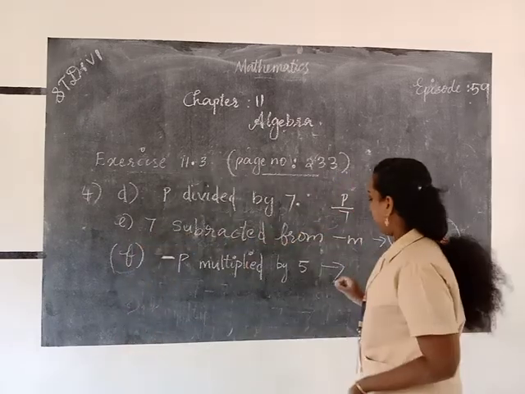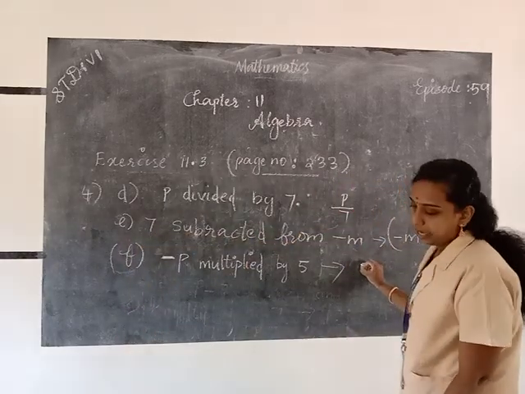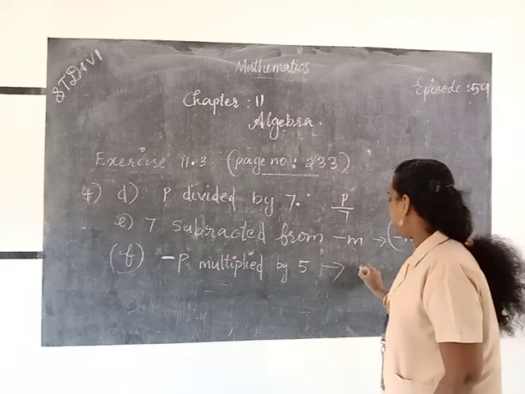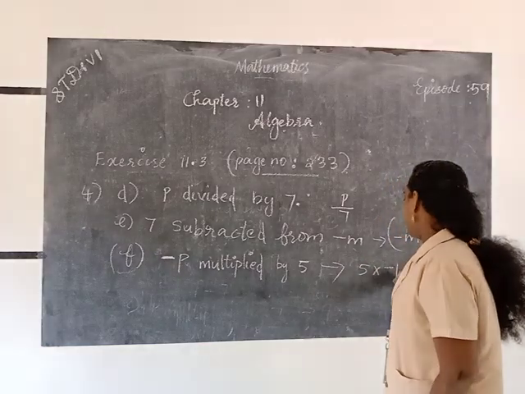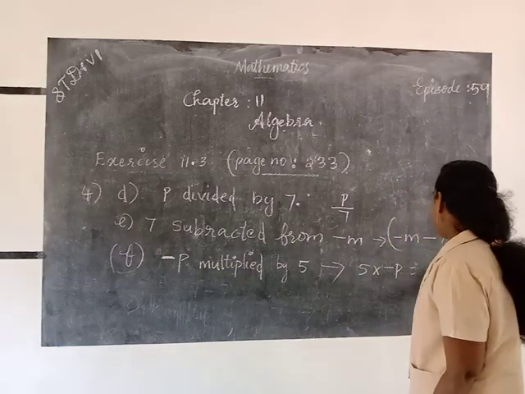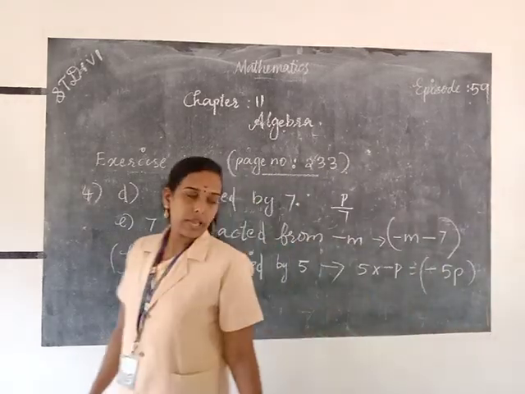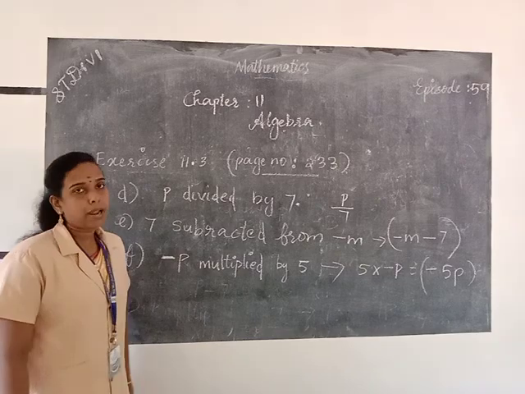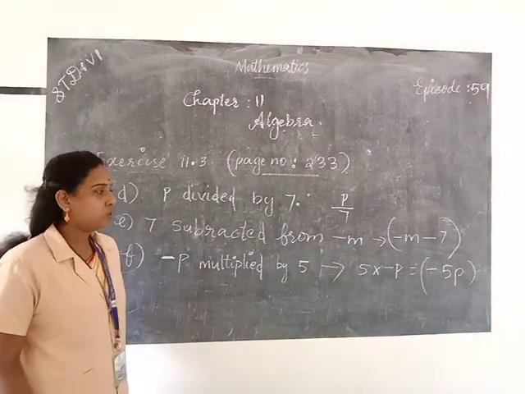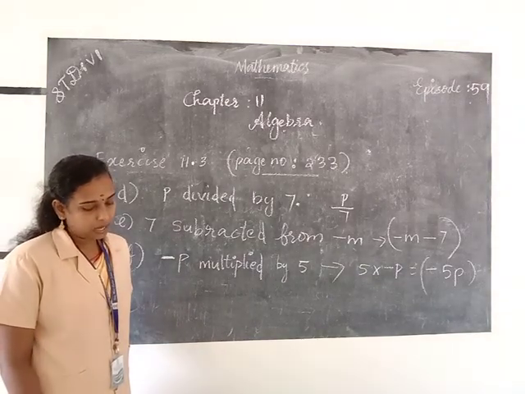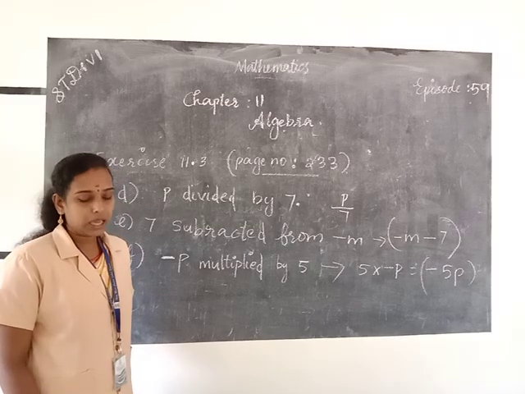That is minus P multiplied by 5, 5 into minus P, that is equal to minus 5P. Minus P multiplied by 5, 5 into minus P, that is equal to minus 5P.